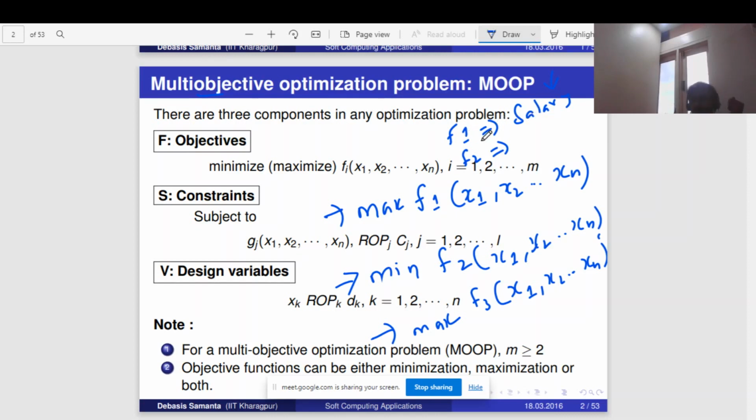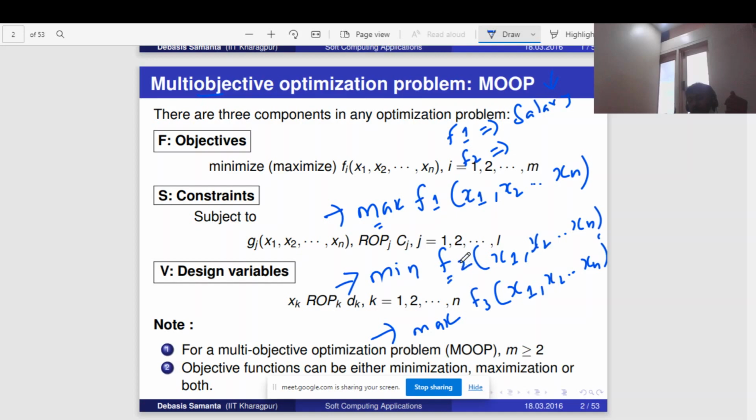Let us assume f1 represents salary. Any individual wants the salary to be maximized or minimized? Maximized, right? So f1 is maximized.